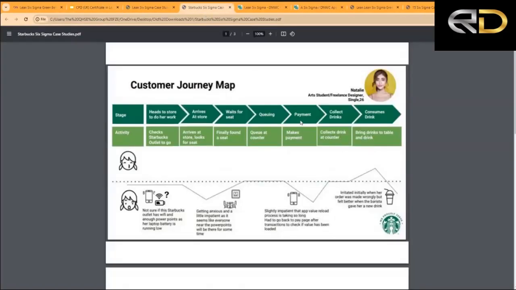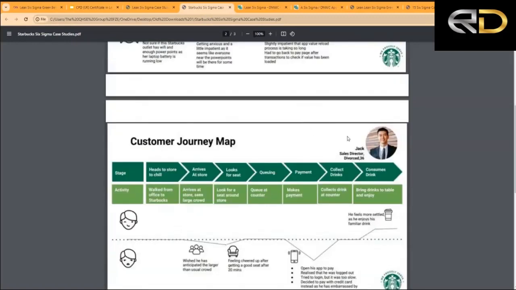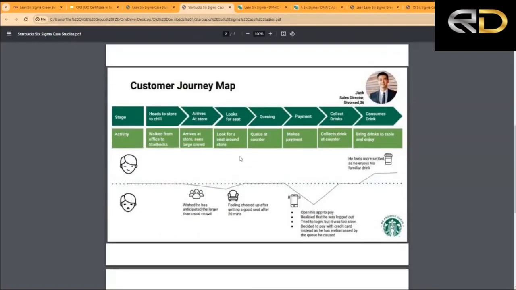And then giving you another example, let's say this process right here is at sigma level 3. What does this mean? It means that if this process is repeated 1,000,000 times, how many times are we going to have instances when a mistake is going to happen, when the customer is not going to be satisfied? If 1,000,000 people are going to come to this Starbucks location with a sigma level 3, what is going to happen?